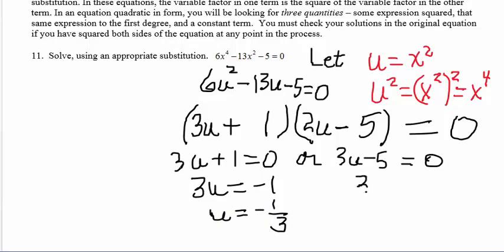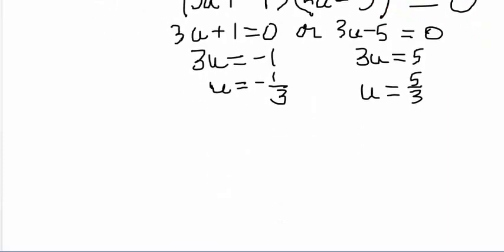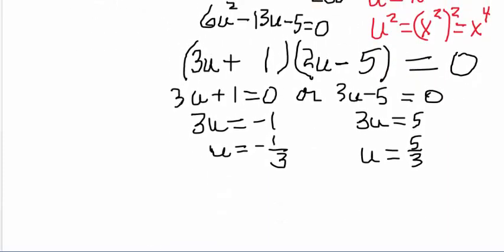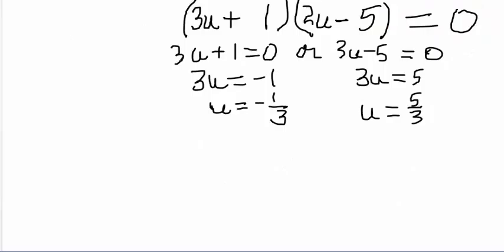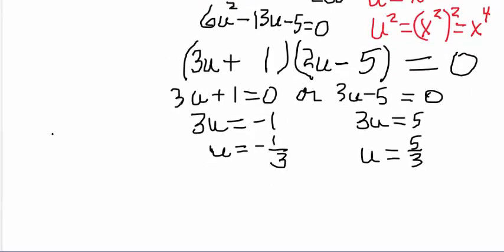Or 3u equals 5, and u is 5 over 3. So let's replace u. Remember we said that u was the same as x squared? We need to go back to our original variable. So x squared is negative 1/3.